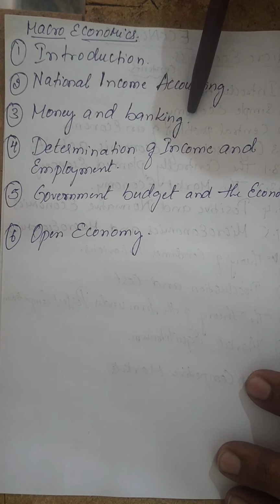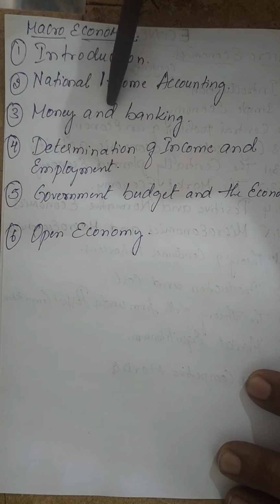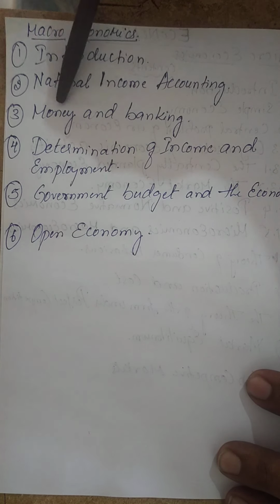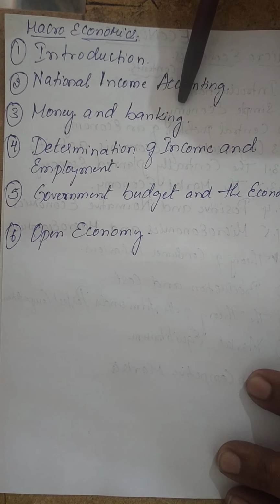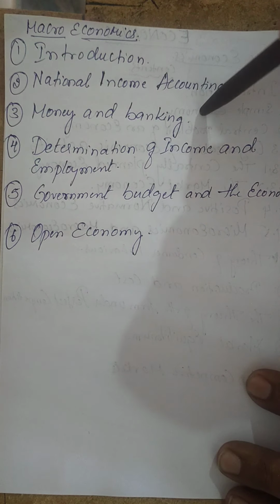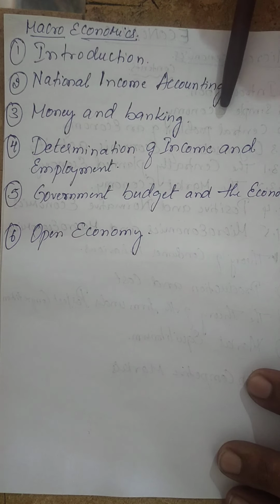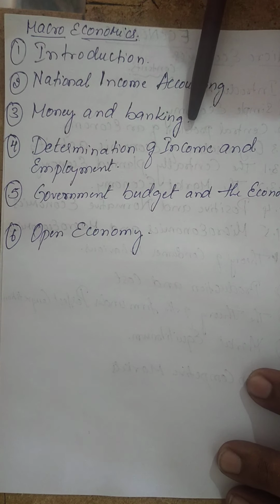The third chapter is money and banking, which means how money works in the financial activity of the banking sector. Money is one concept, banking is another concept. We are studying two concepts here.